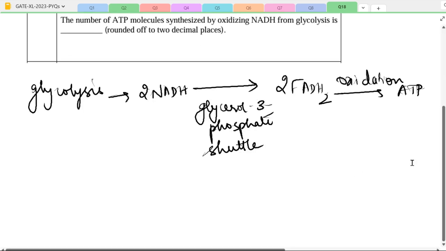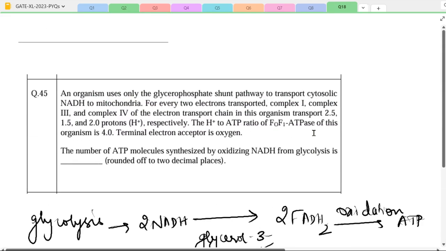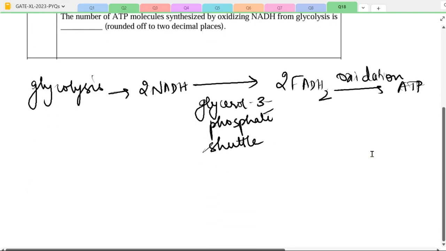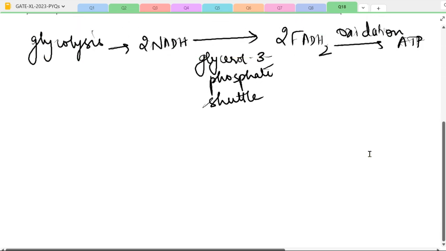Okay, so when FADH2 is involved, you have to consider only the protons of complex 3 and complex 4. If you look at the mitochondrial complexes, how H plus ions are transported, you have to only consider 3 and 4 if FADH2 is involved. That is the theory which you need to know.